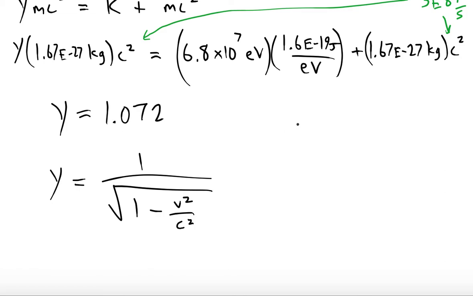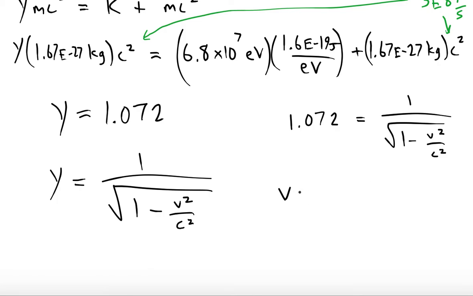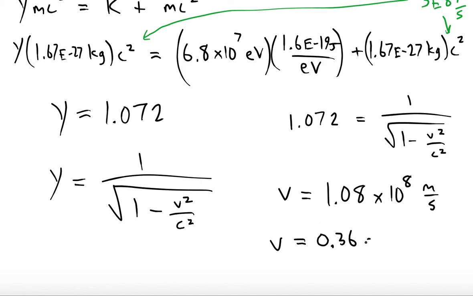Plug in my gamma. Then we should be able to solve for v, which would be the relativistic speed of this proton, because it takes Einstein's mathematics into account. I'm getting that v is 1.08 times 10 to the 8 meters per second, 36% of the speed of light.